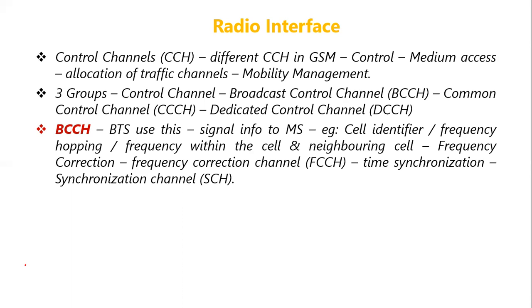TCH is traffic channel, which we already discussed, and SDCCH is standalone dedicated control channel, which we'll be discussing in the next slide. So that's it about common control channel.